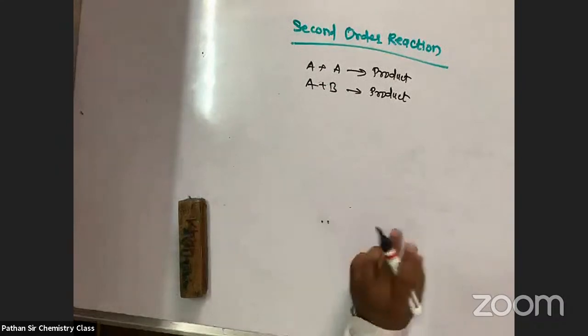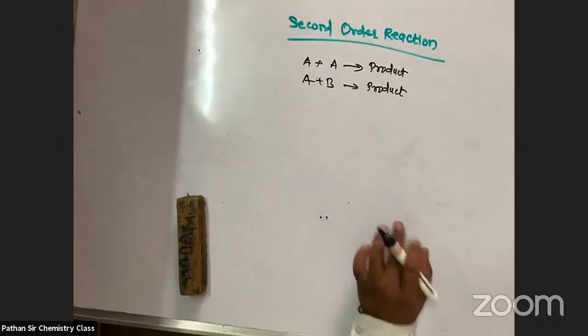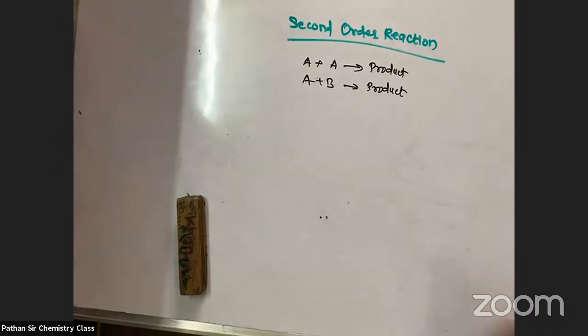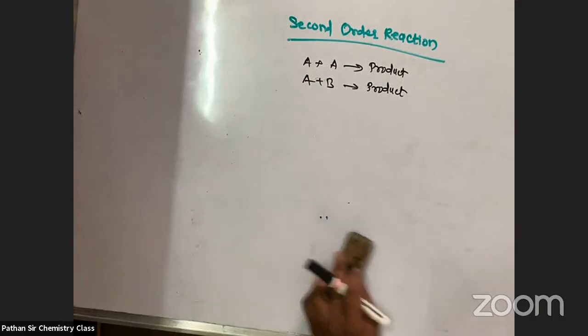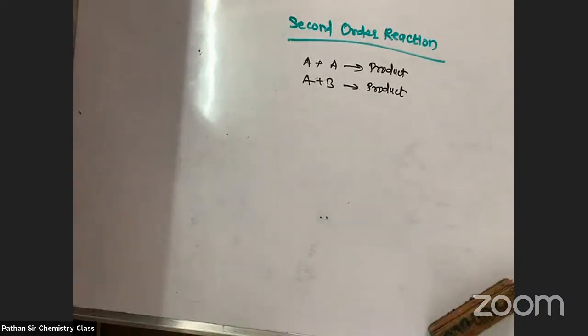Okay, so second order reaction is derived in two ways. It's a derivation when concentration of both reactants are same, and second type, the rate.